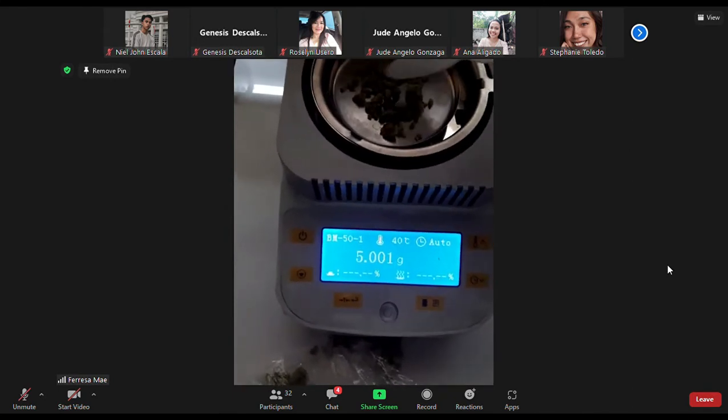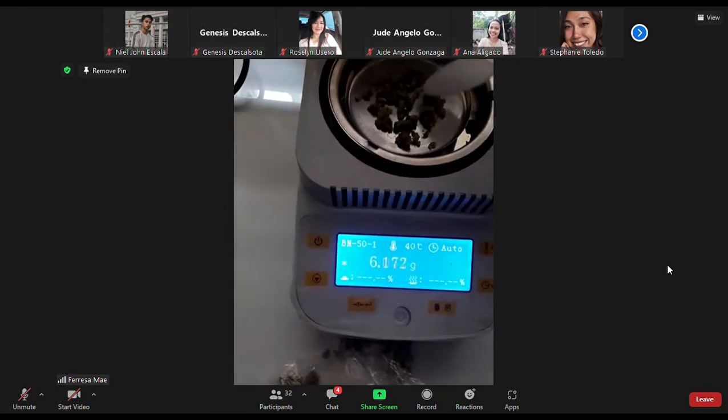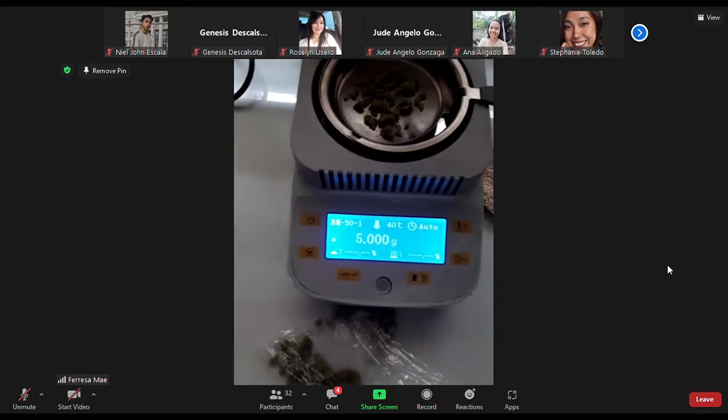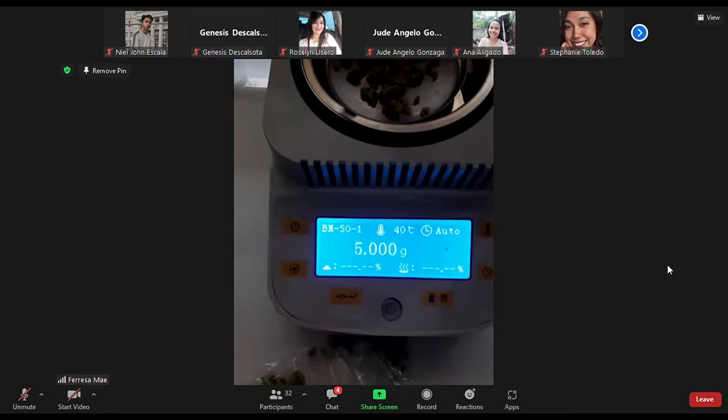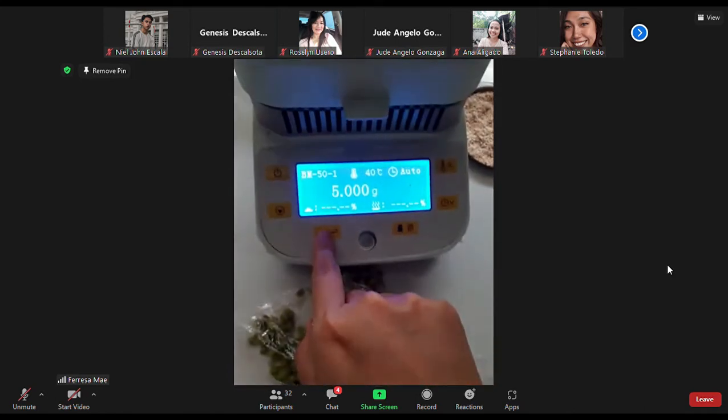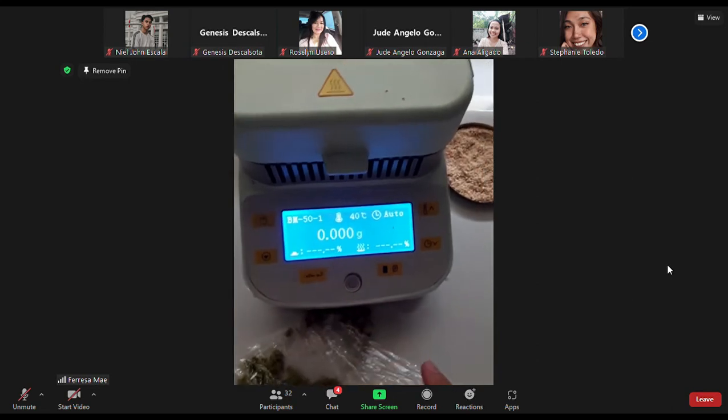Spread na lang. 5 grams na siya. And then start measuring.